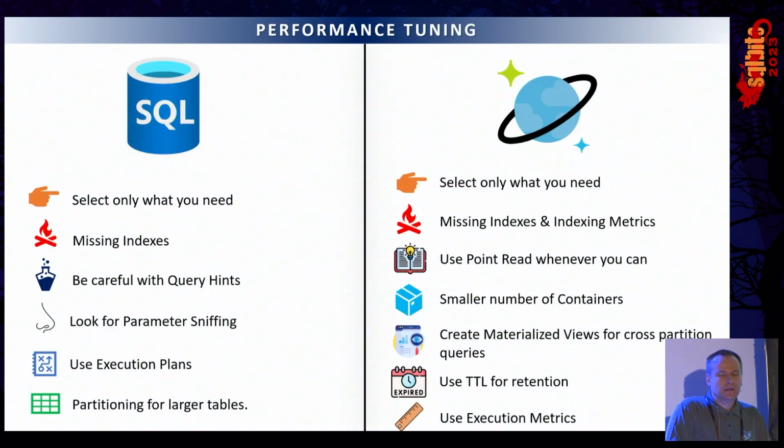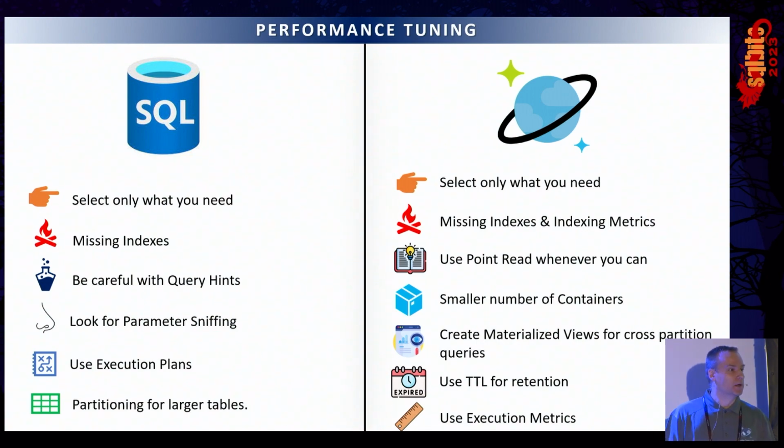Next one is performance tuning, which can be a challenge in Cosmos DB because there's not really that much documentation on that. Most of the stuff really applies to SQL Server. You want to select only what you need; you don't want to select all and get all the data. Missing indexes is important.